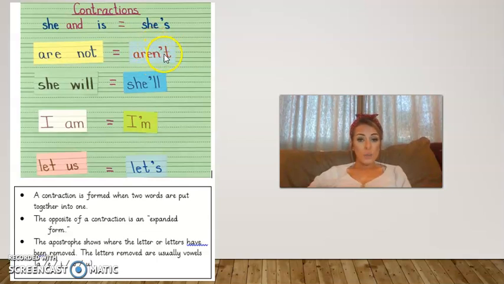But when you get rid of the letter O, you have to put that little apostrophe in there to show where the missing letters are. Here I've taken the word she and I've taken the word will, and I've contracted them. I've made them smaller. I've made them from two words into one word. And I used to have she will, but I've got rid of two letters here.